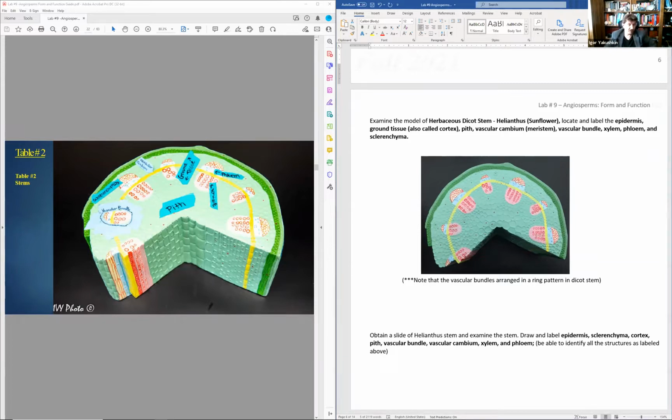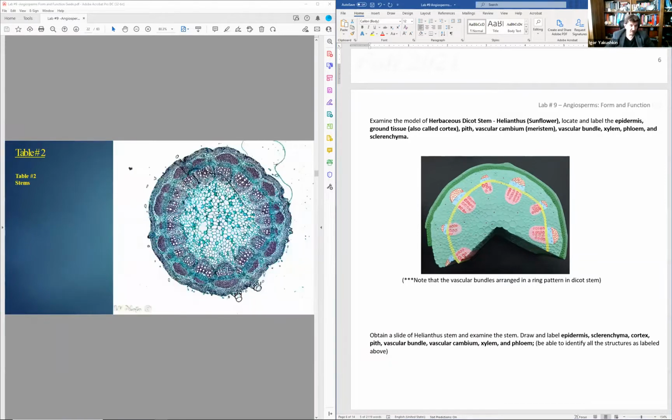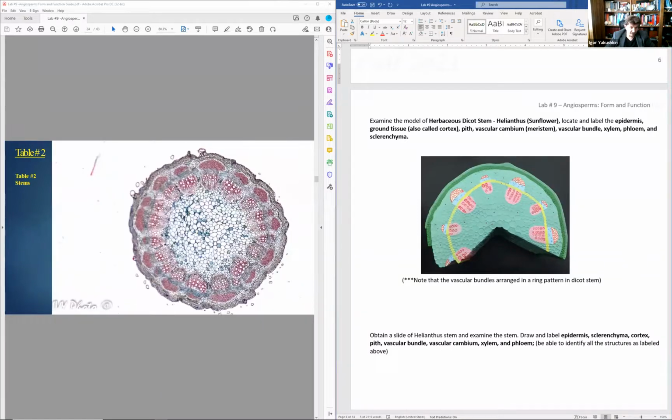So here we go, the micrograph of the Helianthus, the stem of the sunflower. You can clearly see the sclerenchyma, kind of reddish color. Then the bluish color will be the phloem. There will be a vascular bundle right here and the xylem.